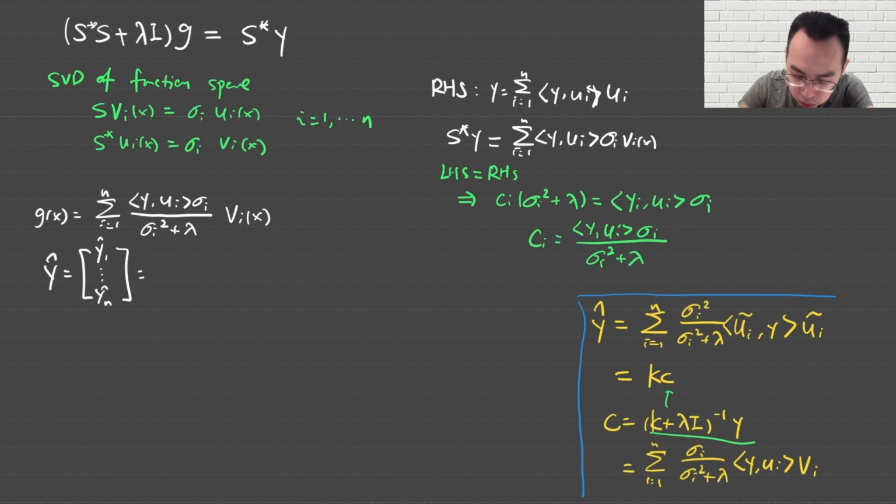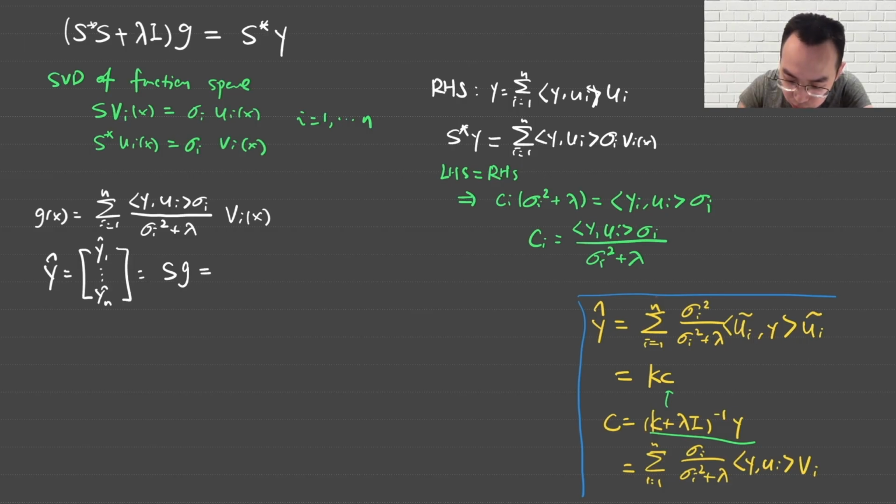that's going to equal S operator on function g. We already derived the formula. So we have the sum here, and then we can use the S operator on each eigenfunction vi, which gives us ui of x.